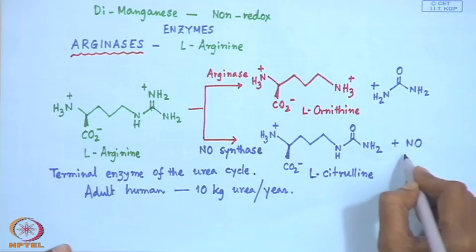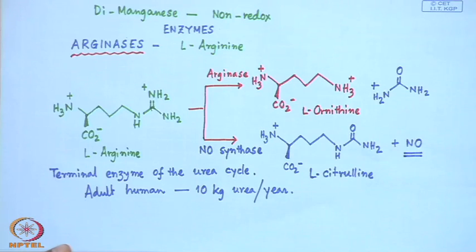So, that oxime function can ultimately release that NO function. So, the NO synthesis has that particular interesting function that it can release NO from the oxime function. So, let us see for this arginase.